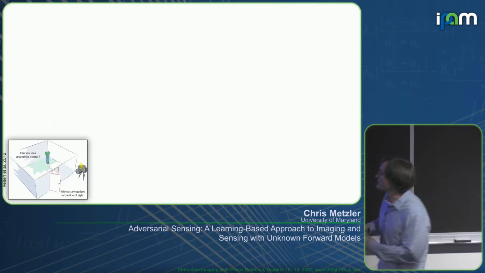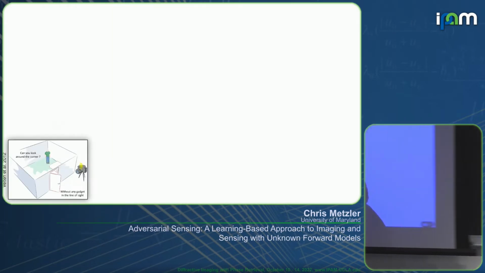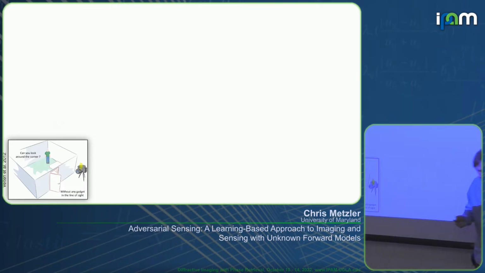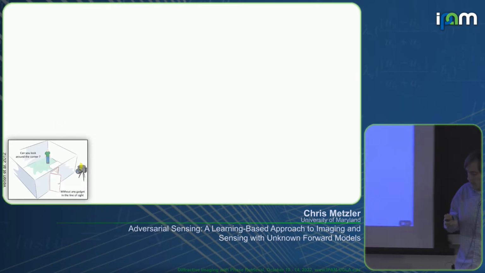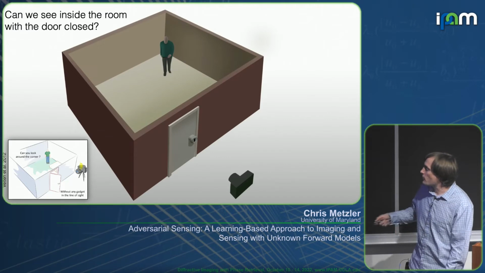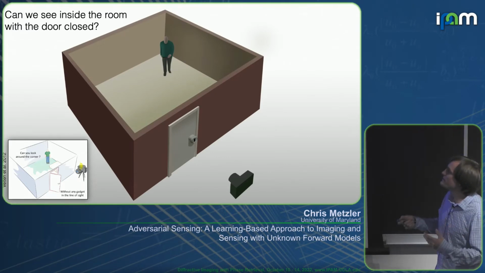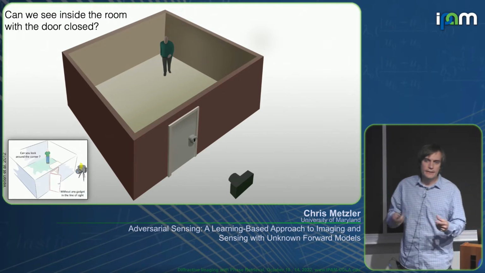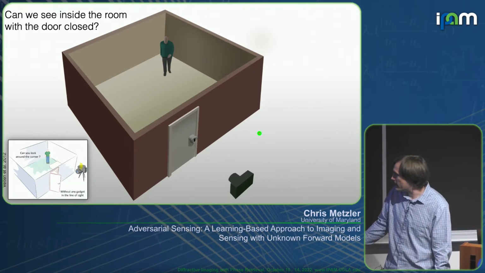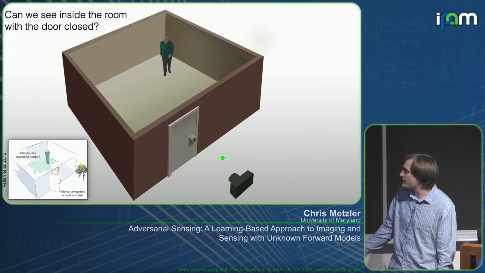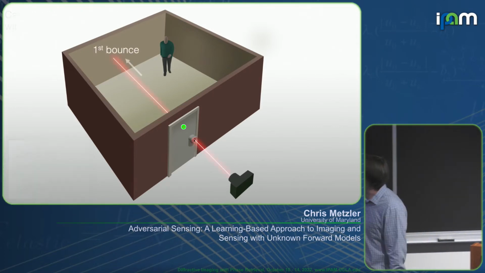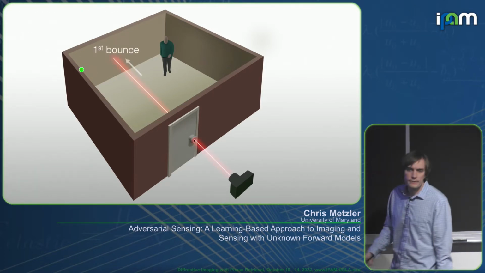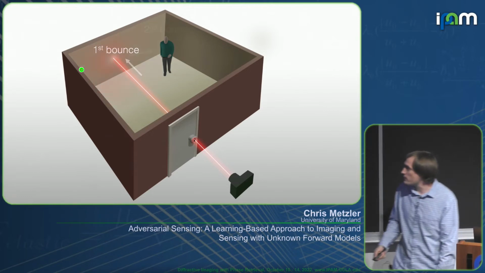Now, this was originally motivated by the question, can we see inside a room with an open door, using a door? And the problem we sought to tackle is, can you see inside the room even if the door is closed? And so here we restrict ourselves to a single optical path. So we have essentially a LiDAR system on the outside, and we're going to illuminate along a single optical path into the hidden volume.